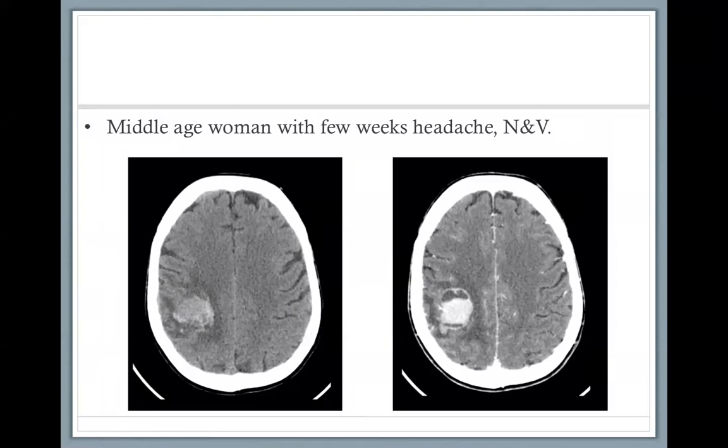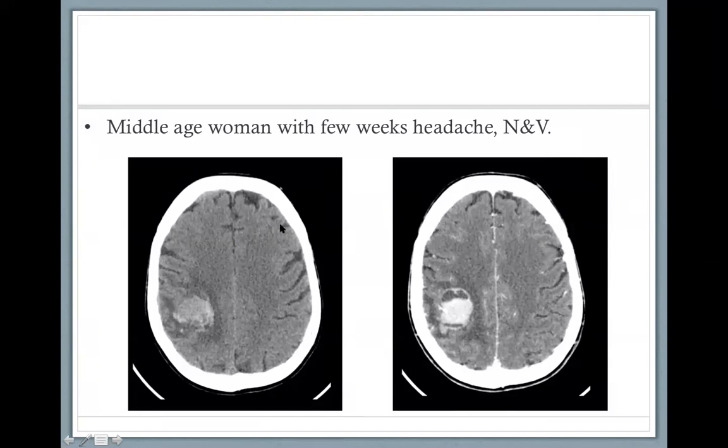Sometimes it can happen because of trauma, but most subarachnoid hemorrhage happens due to an aneurysm that has ruptured and bled. It's very severe. Usually patients will either need immediate intervention or some of them just don't make it.